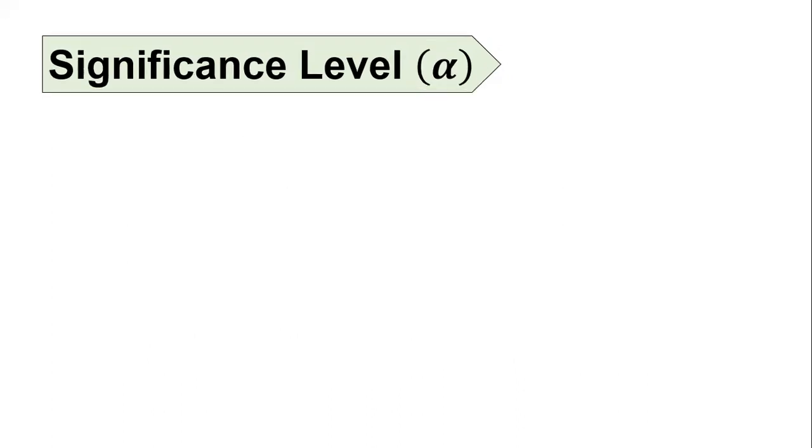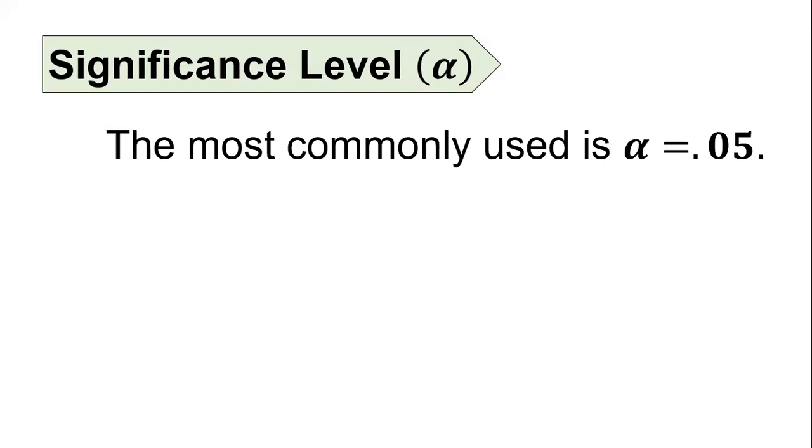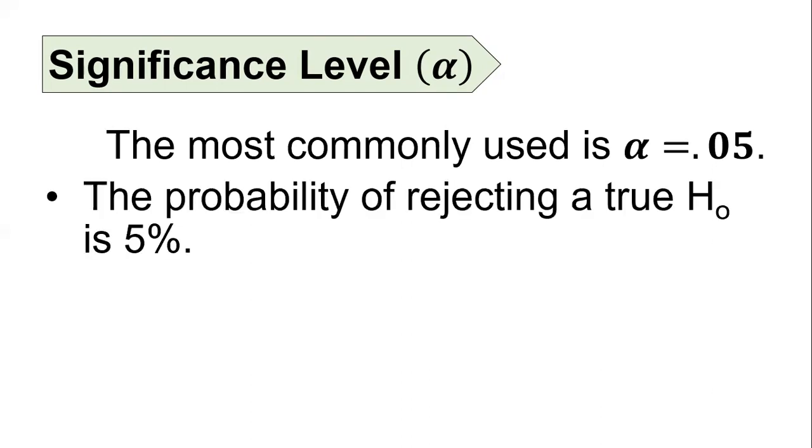To illustrate my point, the most commonly used alpha in research is 0.05. And what does this mean? The probability of rejecting a true null hypothesis is 5%.